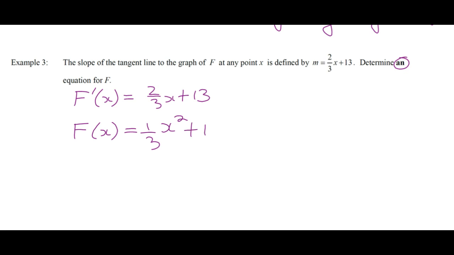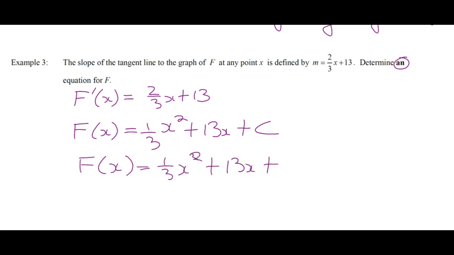What's this? 1/3 x squared plus... Okay, so what's an expression, an equation? Any number. 1/3 x squared plus 13 x plus 17. Yes. Put 69 and then say nice because that's a thing.